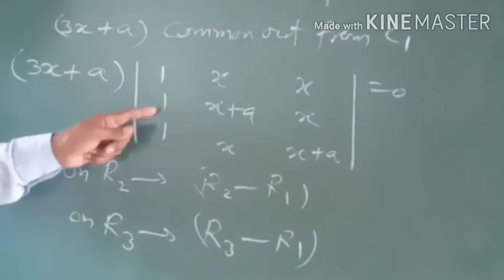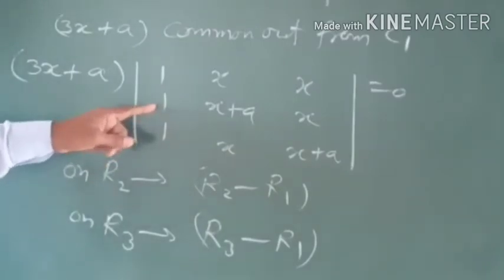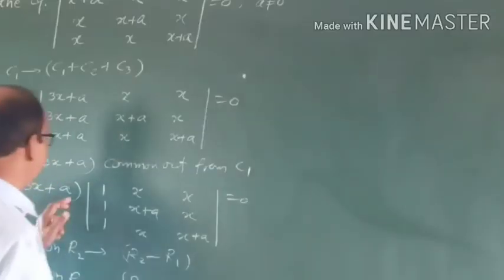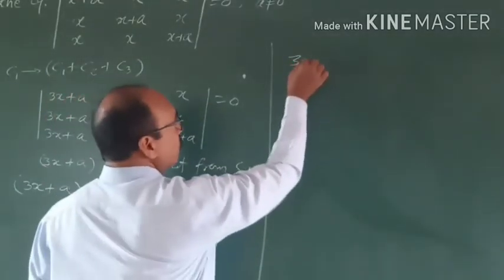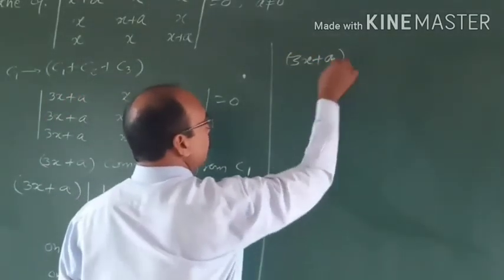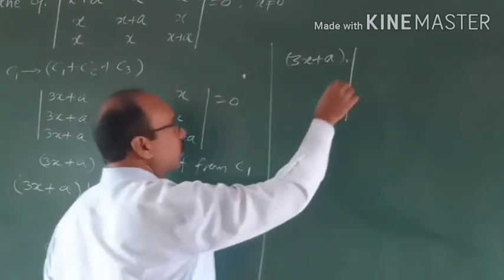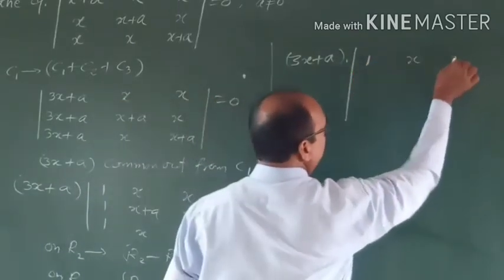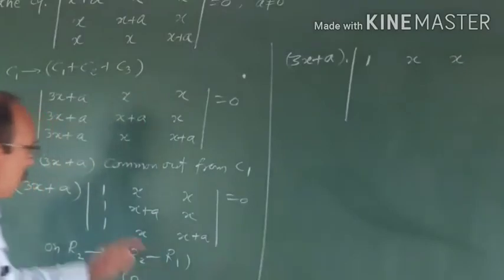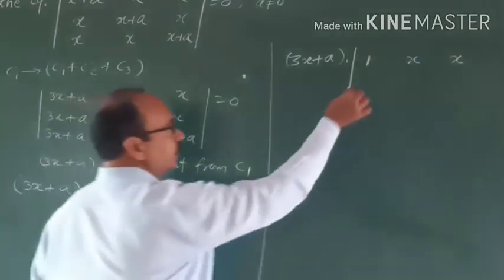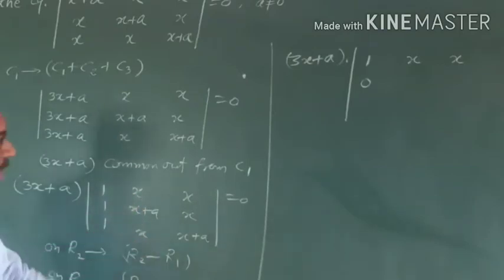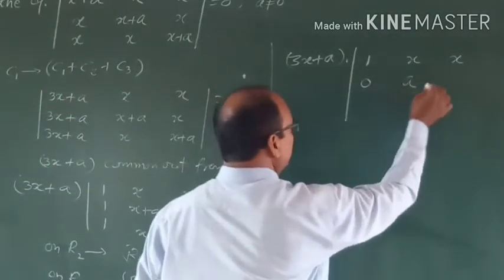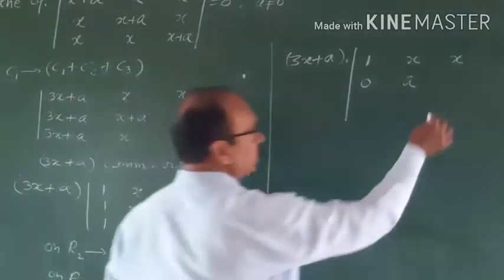So you will get 2 zeros here. So 3x plus a still as it is. First row 1, x and x as it is. 1 minus 1, 0. x plus a minus x, only a remaining. And here x minus x, you will get 0.